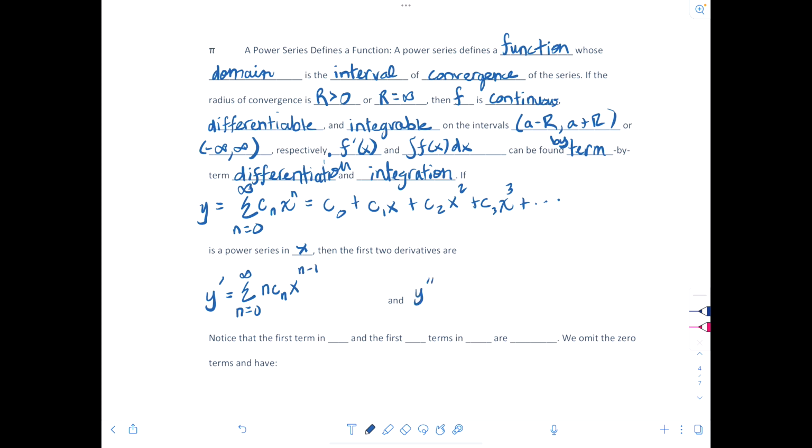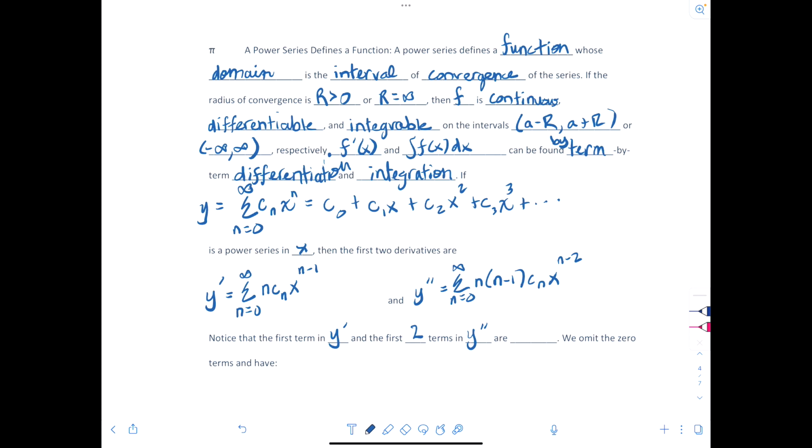And y double prime is going to be the summation as n goes from 0 to infinity of n times n minus 1 times c sub n times x to the n minus 2. Notice that the first term in y prime and the first two terms in y double prime, if we plugged in n is 0, each of them would zero out. And if we plug in n is 1, the second derivative would zero out.